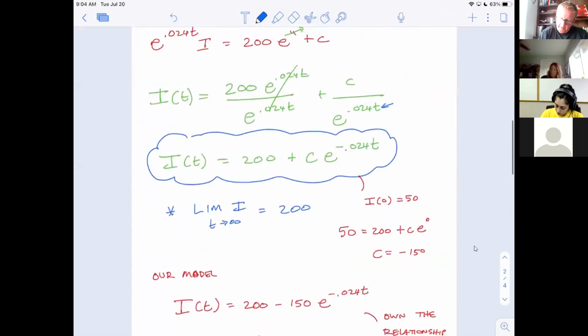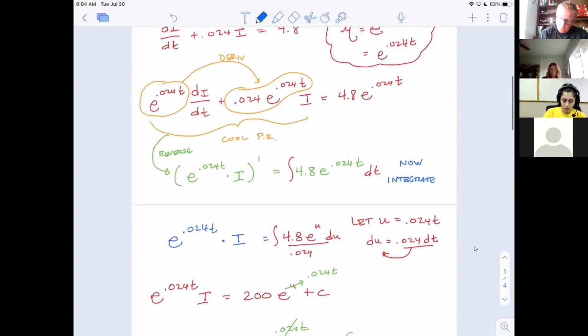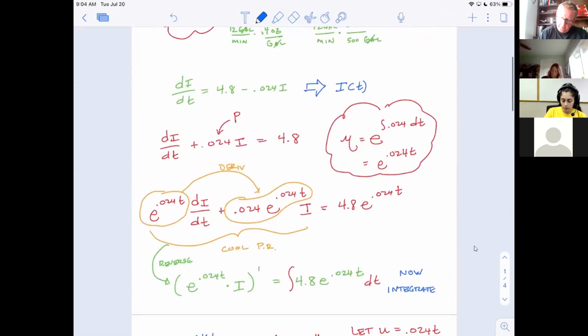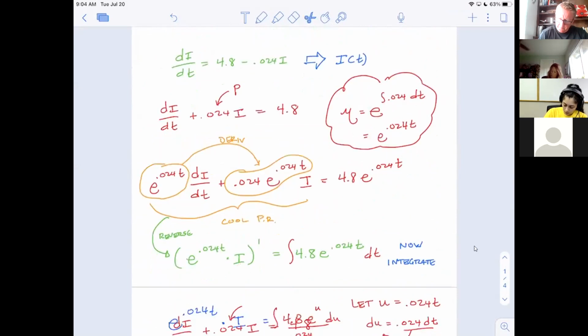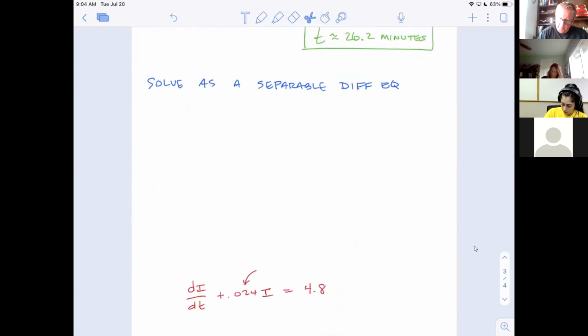So I'm just going to go copy that thing wherever it was. Because it was right there. Because this is separable, but it is not near as obvious that it's separable.